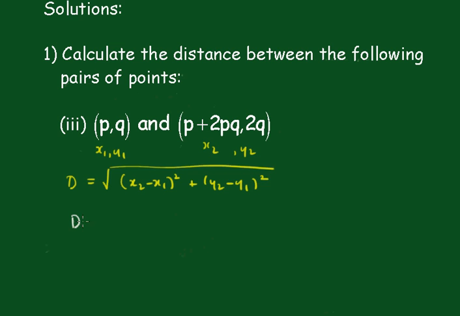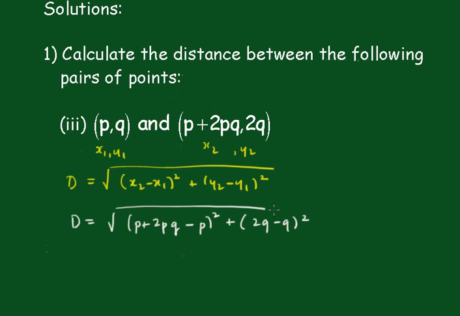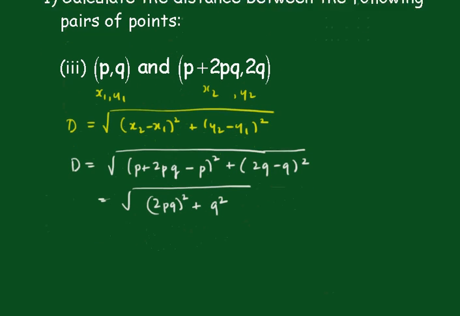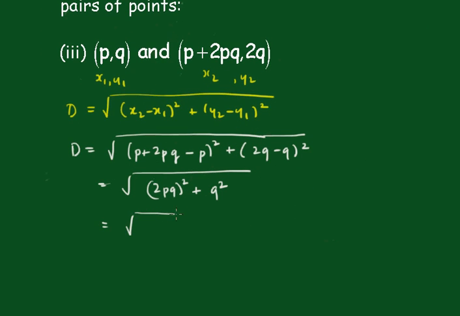Now d equals square root of x2, which is p plus 2pq, take away p all squared plus 2q minus q all squared, and that gives me 2pq all squared plus q squared, which gives me the square root of 4p squared q squared plus q squared.